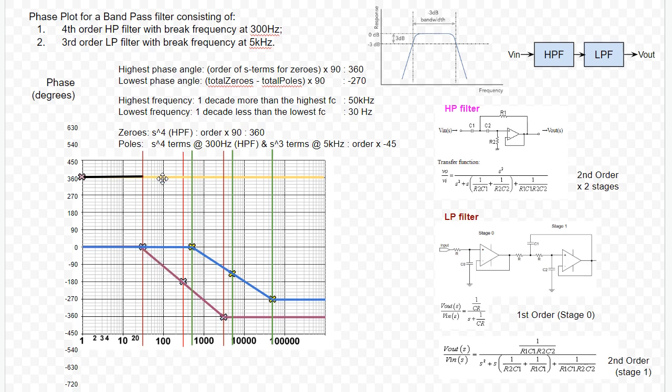So basically 0 degrees plus 0 degrees plus negative 180 becomes negative 180. So you then add a plot over here so that it'll end up at negative 180 down here. Okay, so that's negative 180 coming down.